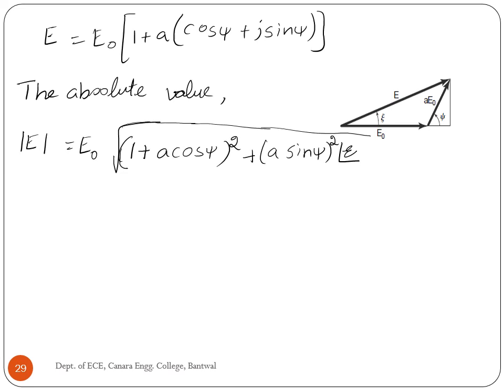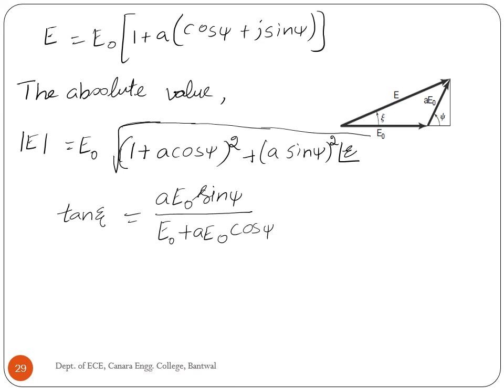Source 2 is smaller than source 1 by the factor A. Therefore, from the figure we can write tan zeta is equal to A E naught sin xi divided by E naught plus A E naught cos xi, which is equal to A sin xi divided by 1 plus A cos xi.